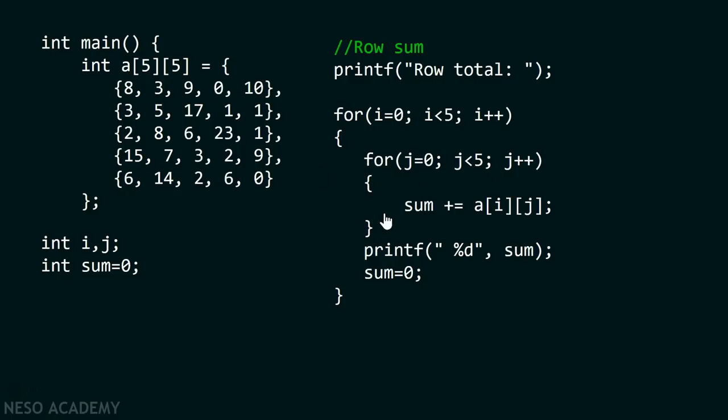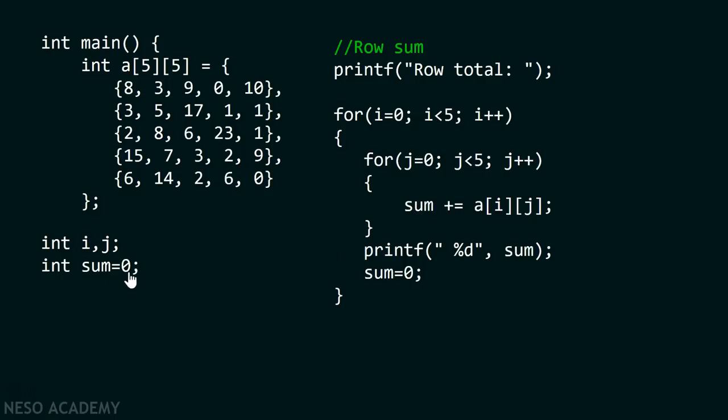Inside this for loop, we can see we have one statement which says sum plus equals a[i][j], which means sum is equal to sum plus a[i][j]. i is the row index. When row is 0, column will be 0, 1, 2, 3 and 4. So we can understand that we are simply accessing all the columns of this row and then we are adding them all together, right?